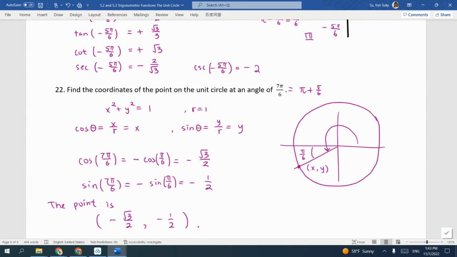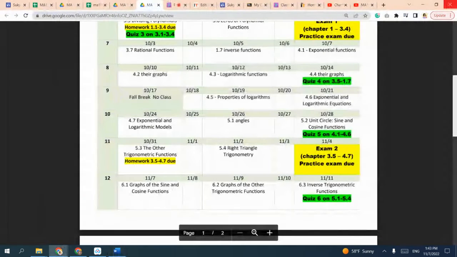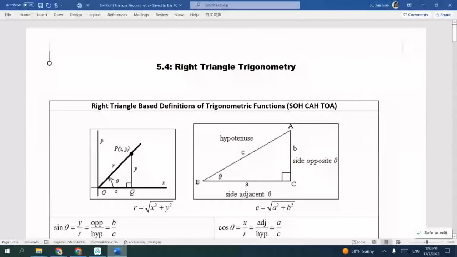So far, so good, everybody? Yes. So this is session 5.3. We learned about the common angle values and the signs of the six trig functions on each quadrant. Okay, so let's keep going.